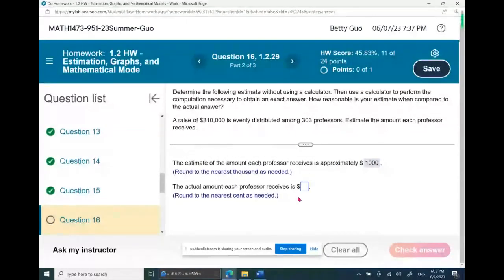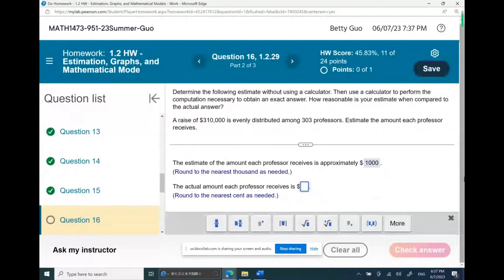Okay. The actual amount, let's see. We use 310,000 divided by 303. We're going to round the decimal to the nearest cent because it's money, right? So round it. What do you have, guys? Let me see if you're with me.